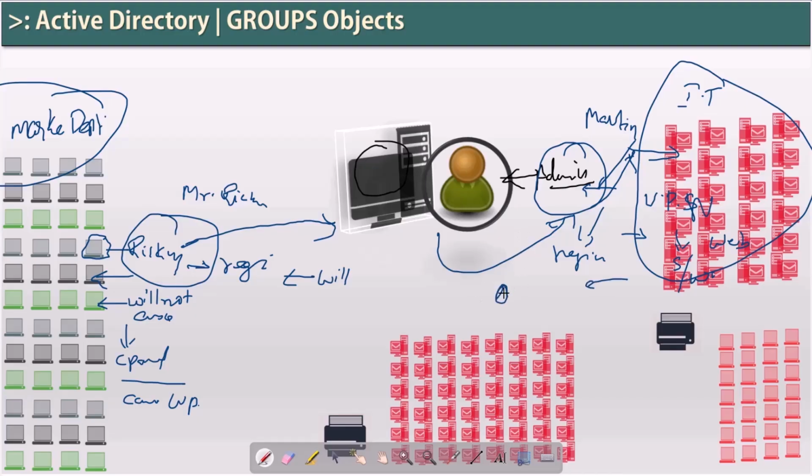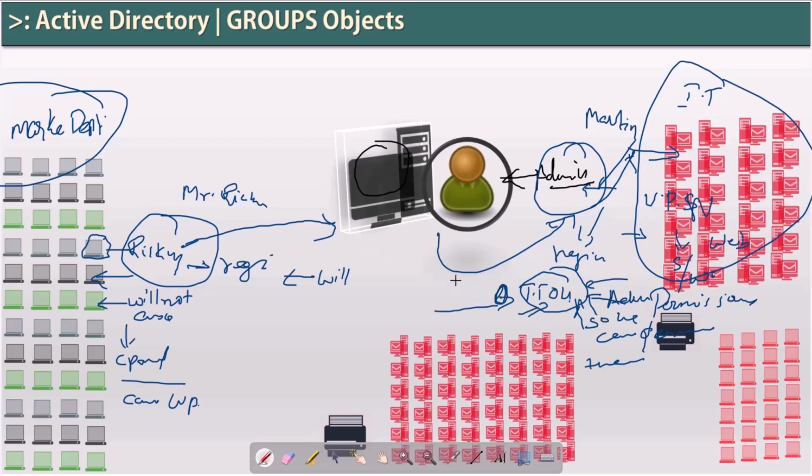So what happens is they will create another group called IT OU, say for example IT organizational unit, and in this IT OU you can give one person administrative permissions so that he can perform the administrative tasks. It means that this one person is the administrator of this IT OU, and Mr. Martin will become a member of the IT OU, and now he can install the applications, or he can use the VPN service.